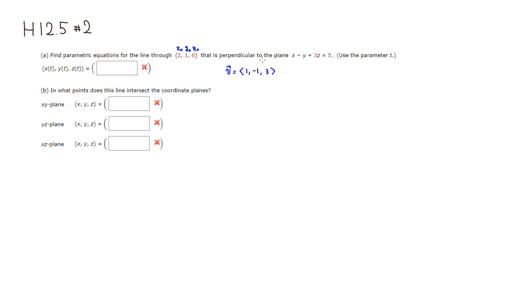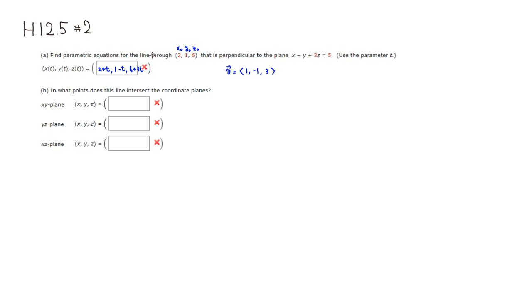So x of t would be 2 plus t, y of t would be 1 minus t, and z of t would be 6 plus 3t.